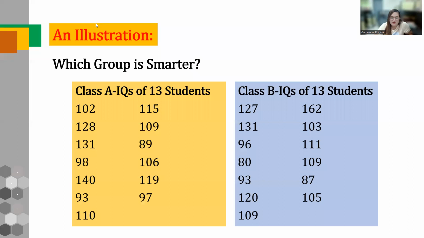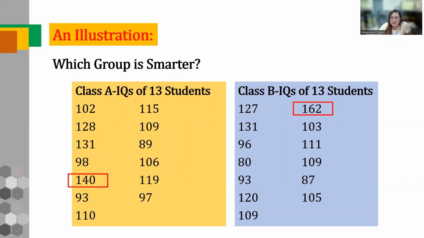Okay, so if we have two set of students, we have class A and class B. Kung tanaw nato, which group is smarter? Kinsa kahay mas bright? Okay, so kung tanaw nato si class A, si class B, ang highest niya is 162, while si class A is 140 ra yung highest.